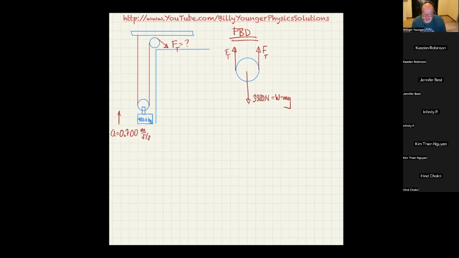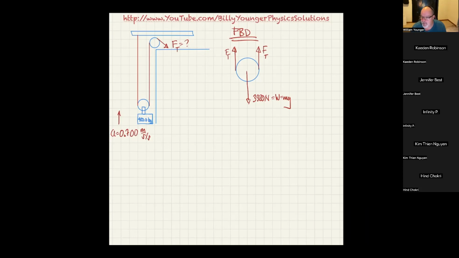Now, what I want you to look at here is one, I don't want you thinking that, oh man, I really should have been able to come up with this myself. You can, it just might take a while. The important thing here is not whether or not you came up with this on your own, but rather now that you've seen me do it, you should be able to do it. And what I want you to notice is that the tension on the right and the tension on the left are the same.